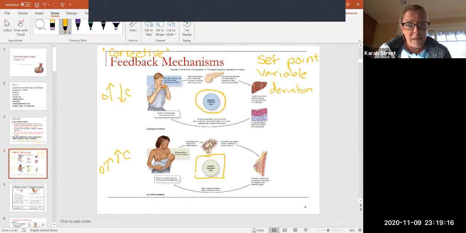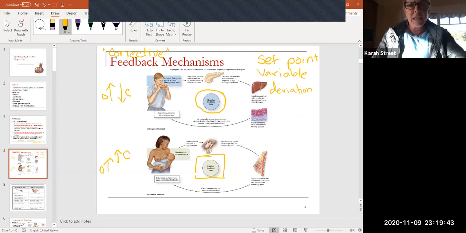So that's one example. Let me go back to labor and delivery. When the fetus is near full term, I call the fetus a parasite. So when a woman is terminally pregnant, meaning she's almost to her due date, that fetus is really occupying a lot of the abdominal cavity.